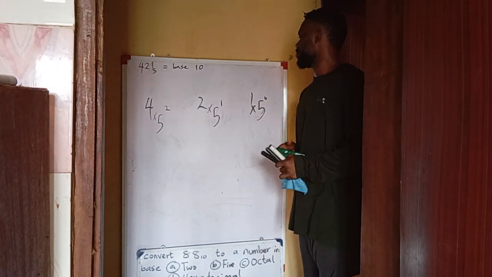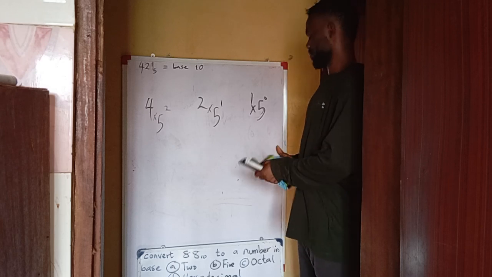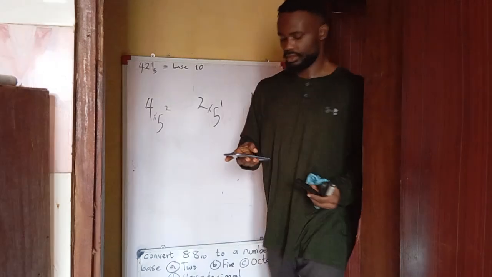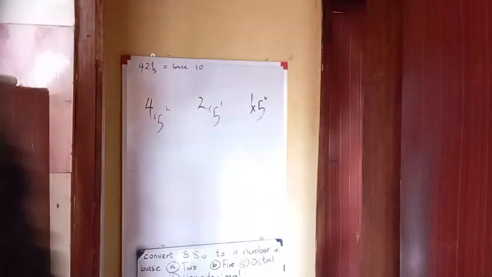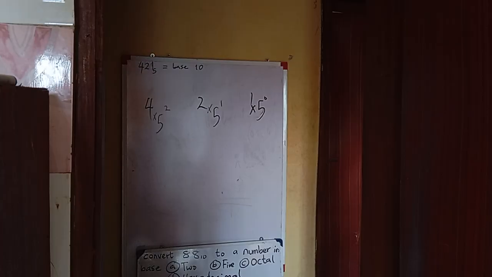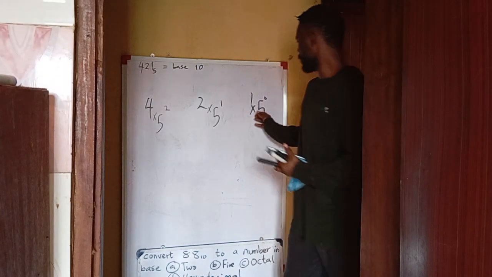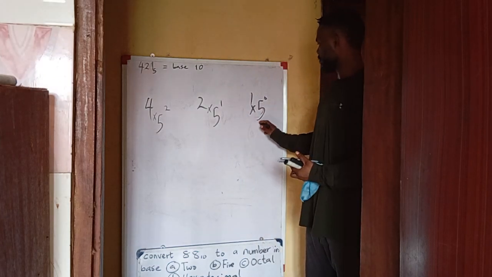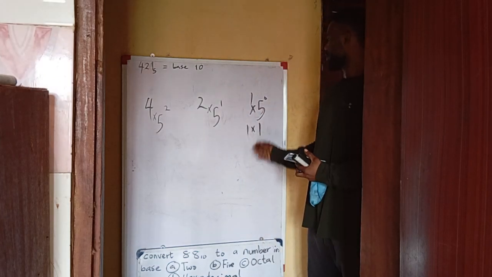By the time you do this, I have 5 raised to power 0 is 1, and 1 times 1 is 1.